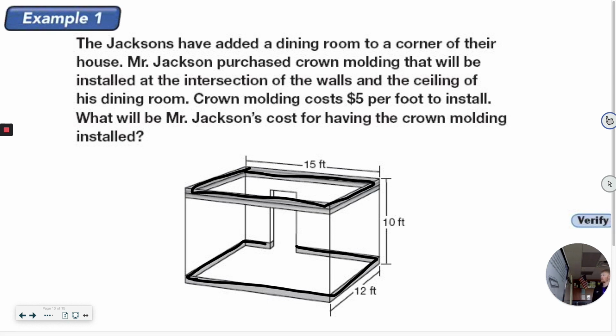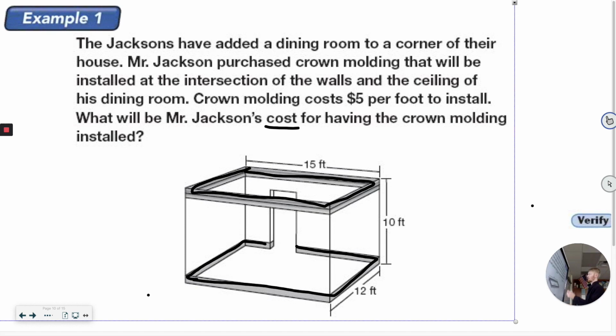All right, so it asks, what is his cost going to be? It says it will be installed at the intersection of the walls and the ceiling. Okay, so the ceiling would be this top part, and the walls are the side part.